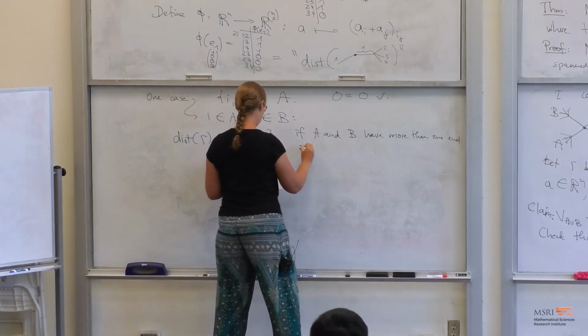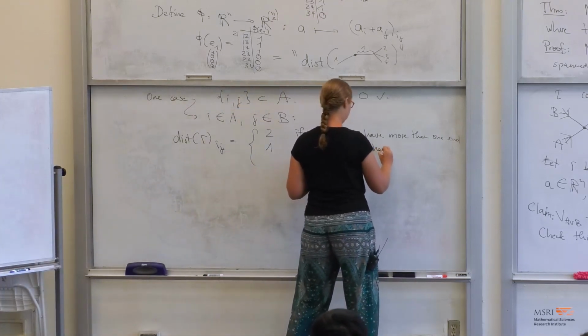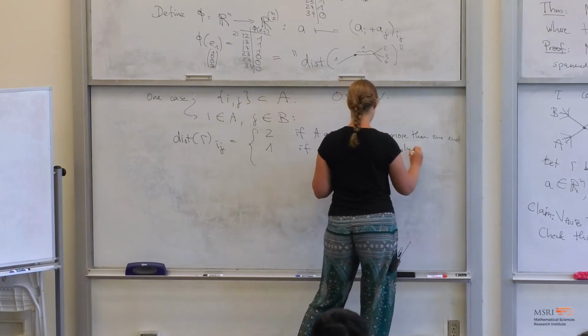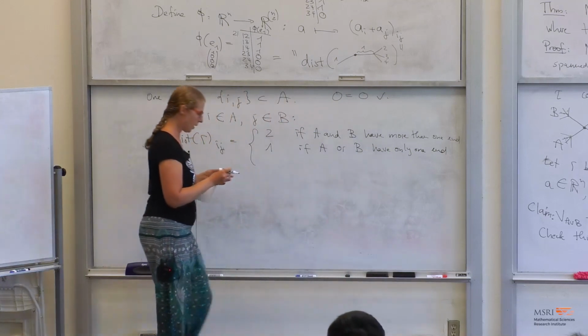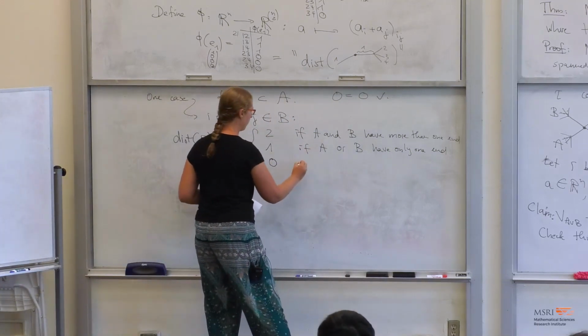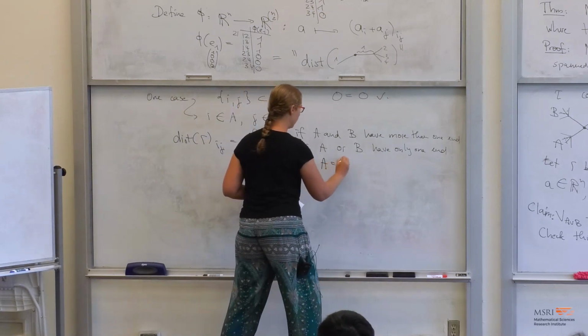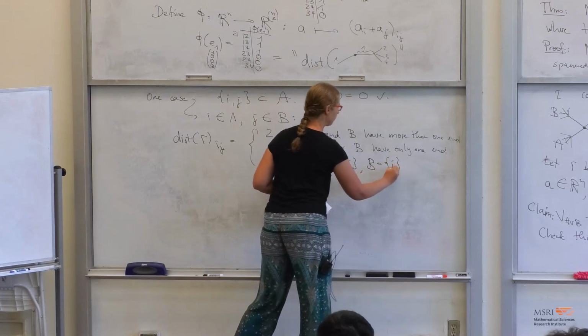It's 1 if A or B just have one end. Yeah, so for example, without restriction, if A only consists of xi, and it's 0 if they both have only one end. If A is i and B is j.